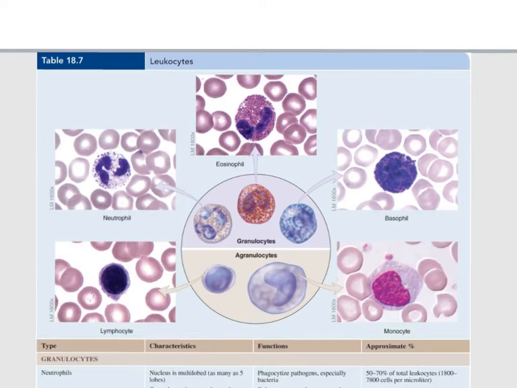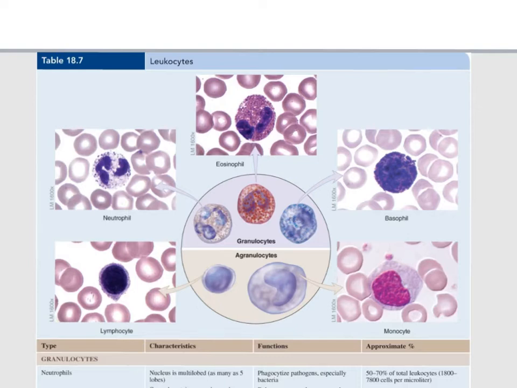The other two, the agranulocytes, are lymphocytes and monocytes. Lymphocytes have mainly a spherical nucleus that takes up most of the volume of the cell, with a very small edge of cytoplasm. And then the monocyte has a U-shaped or slightly indented nucleus, so it's not necessarily spherical, and there's more cytoplasm that takes up less of the room of the cell.